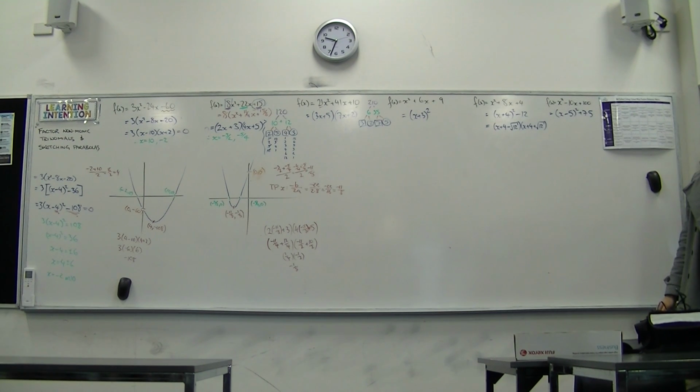What's A again? A is the front number. So it just goes A x squared, B x plus C.